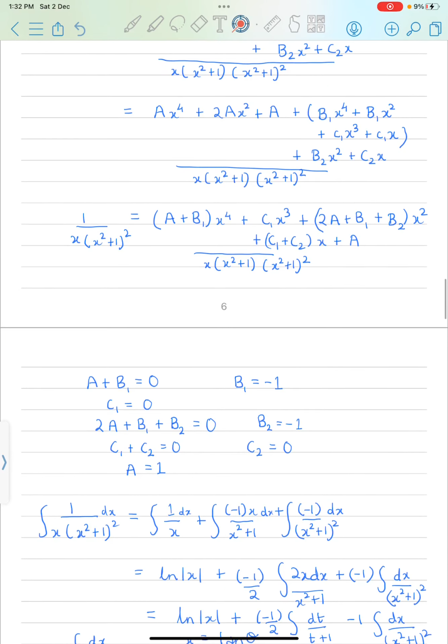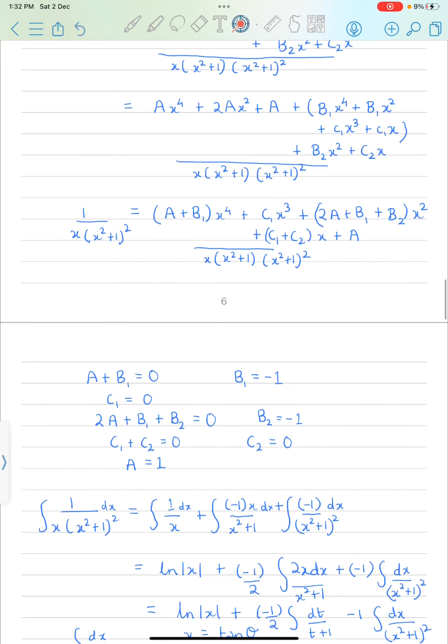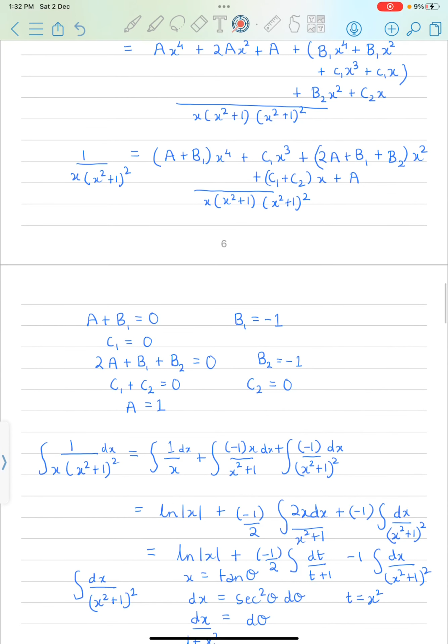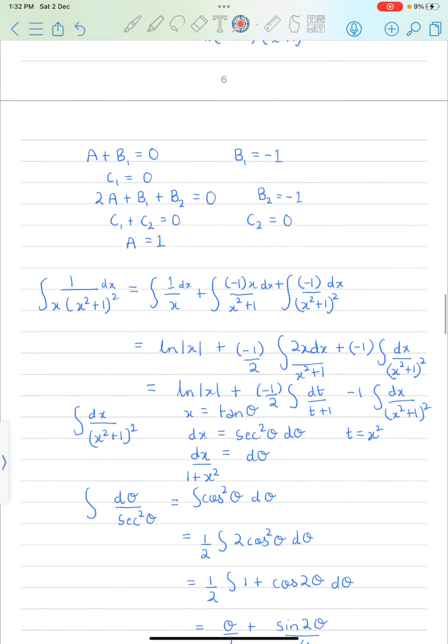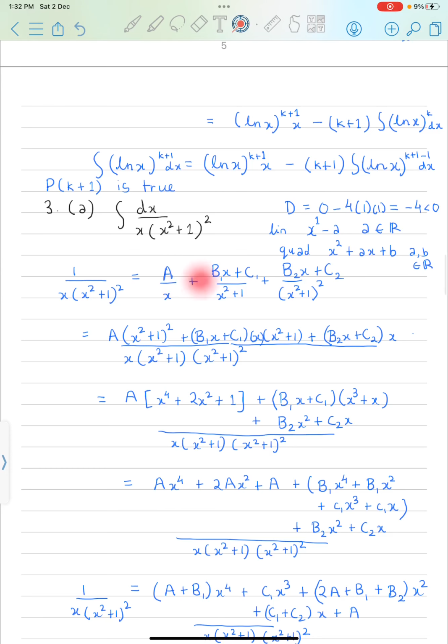I have made a typo here; I am saying a1, I mean a. Whatever you want to call it. So now we have found a, b1, c1, b2, c2.